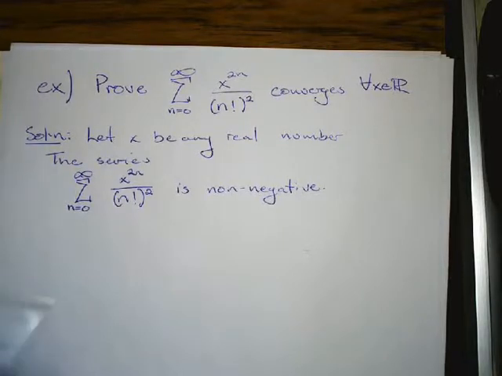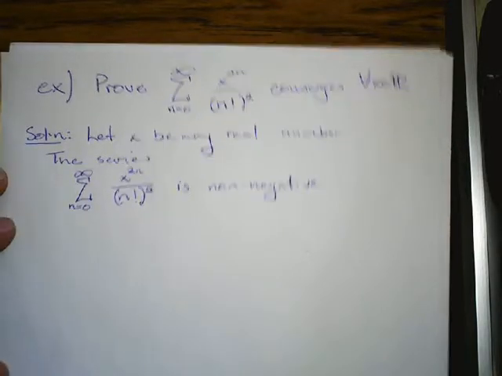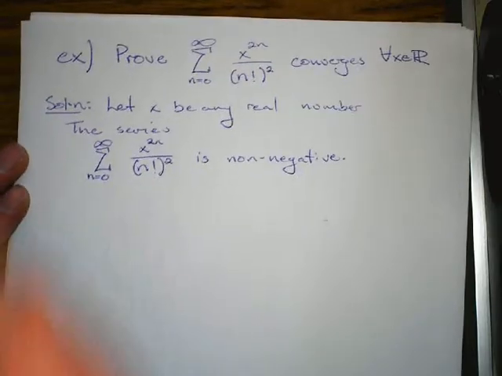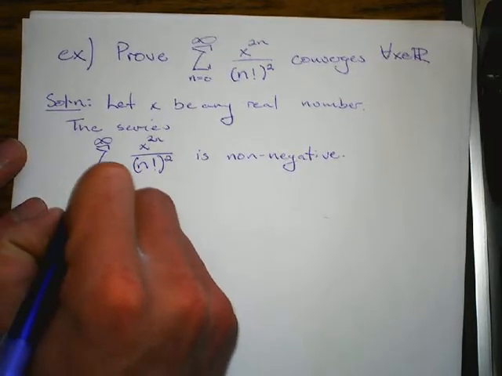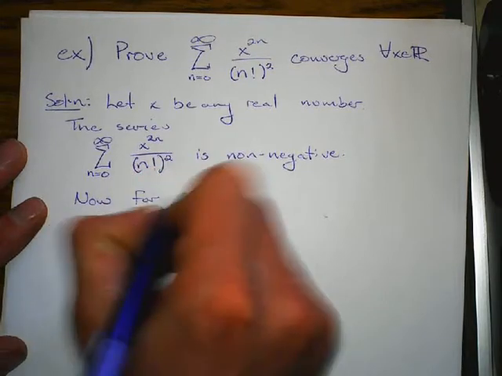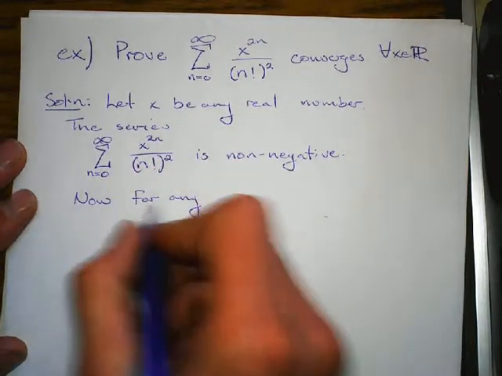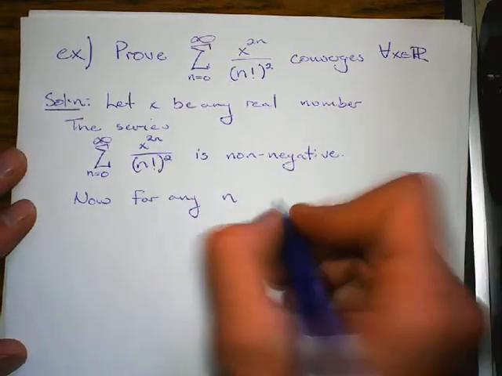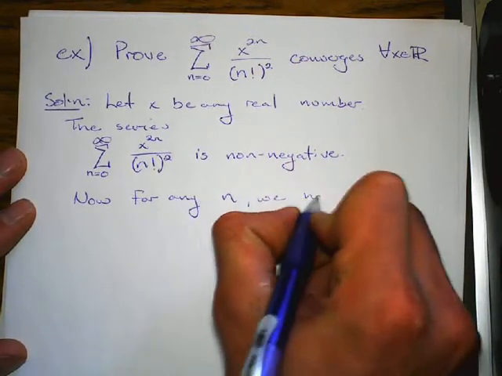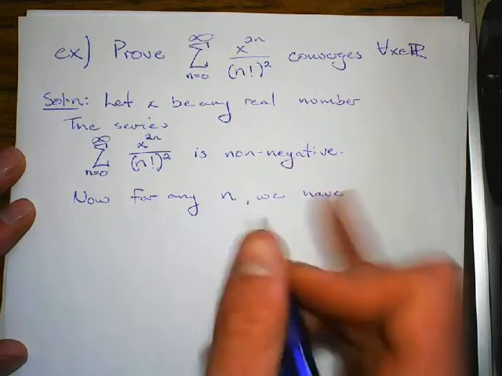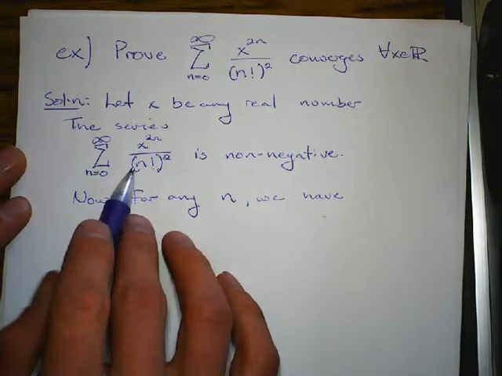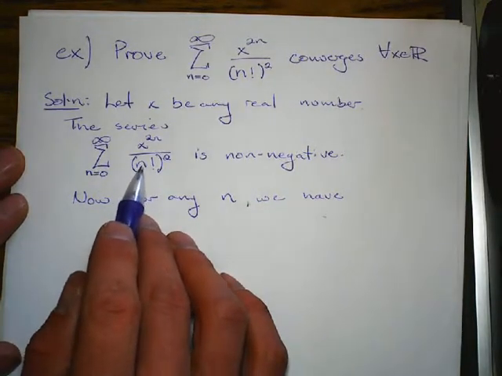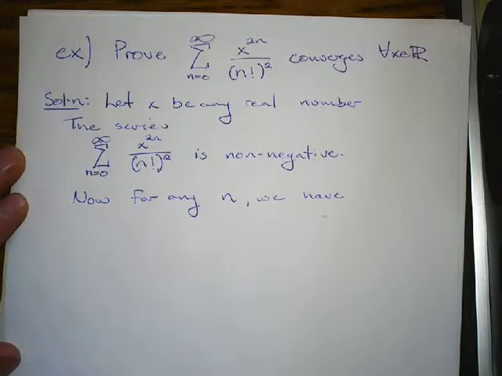What would you guys want to compare this to? Now for any n, it looks kind of like cosine, right?